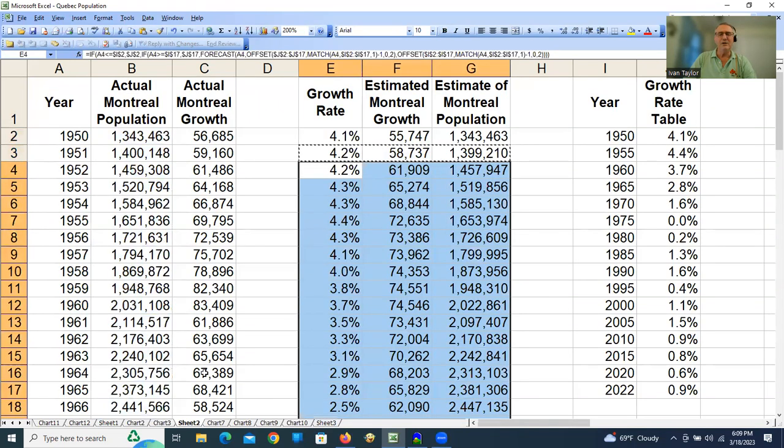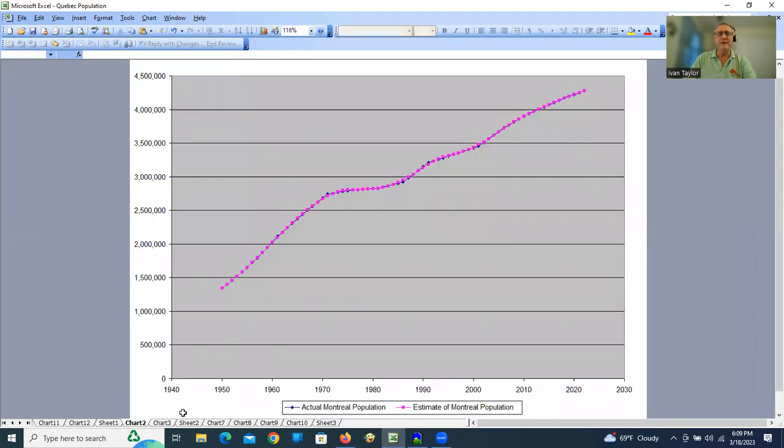And now I can look at the match between the data. Now, I should mention that I calculated the proper values for this table to give a good match with the data. And I did that using a statistical technique. But let me just show you the match. And you can see that we get a really good match here between the actual population in blue and the estimate of the population in pink.